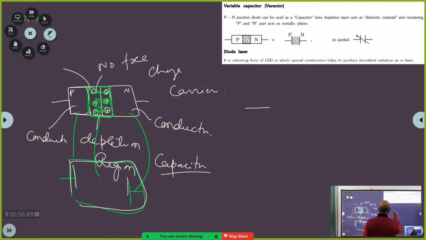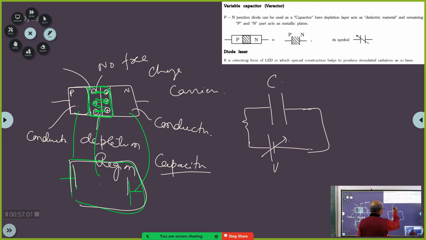Now answer this question carefully. You have studied capacitors. Now assume that I have got a voltage source. If I vary this voltage, will the value of the capacitor also vary? If I vary the external voltage here, will the capacitor vary?